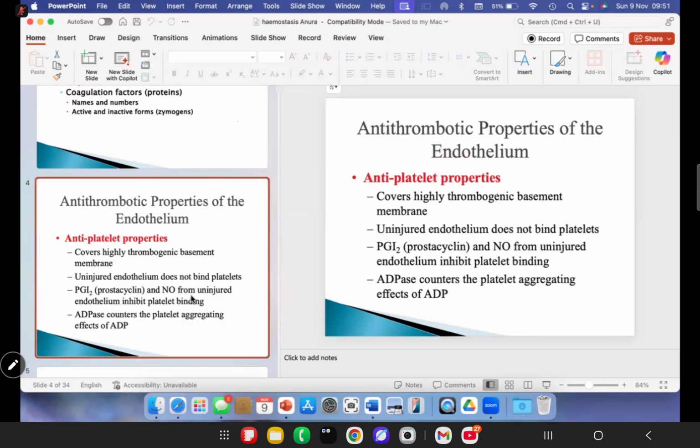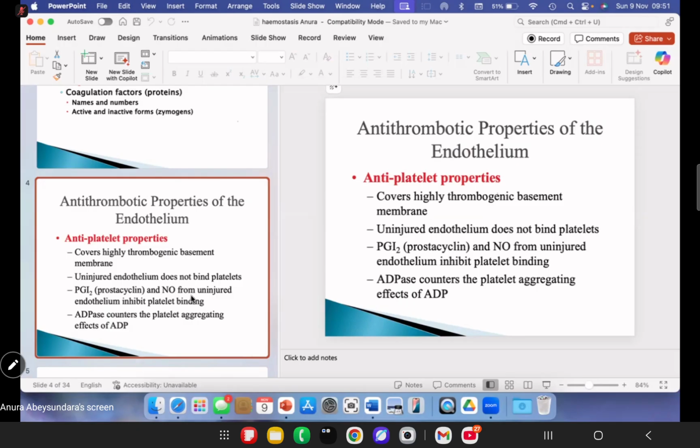Now we are talking about the endothelium. The endothelium has antithrombotic functions. What are they? One is that it covers the highly thrombogenic basement membrane. I told you, the basement membrane is completely covered with the endothelial layer, which prevents clot formation. The uninjured endothelium is smooth, and it secretes PGI2, prostacyclin, and not nitrous.